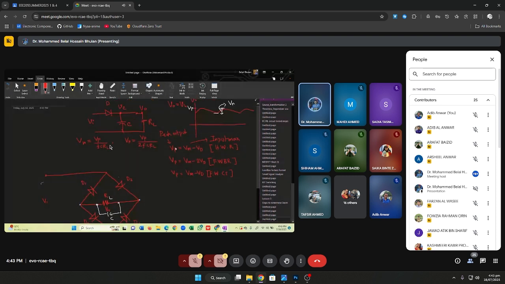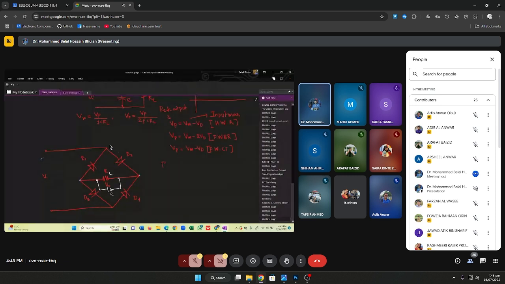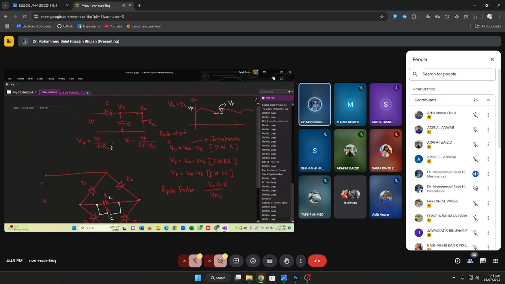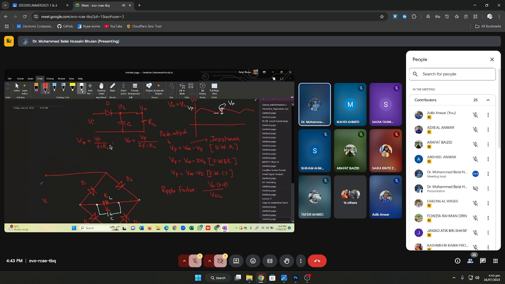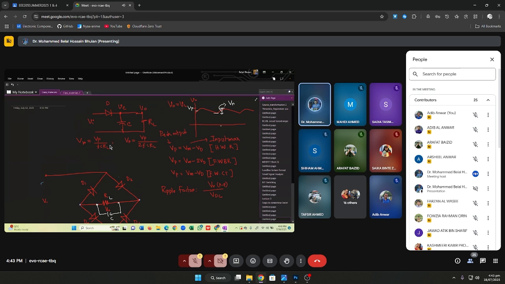Next, we learned about the ripple factor. So what is the ripple factor? We defined it as VR, which is the peak to peak voltage, divided by VDC. We have VP defined, then we have VR, and the average value runs through the middle.